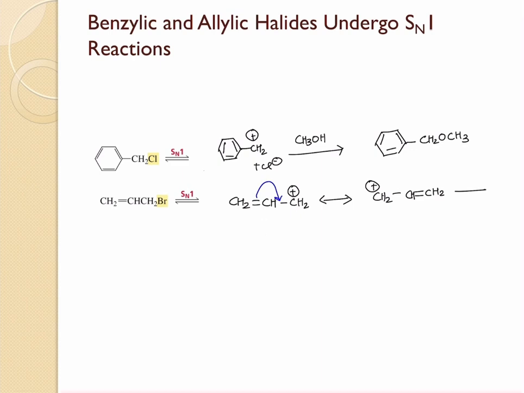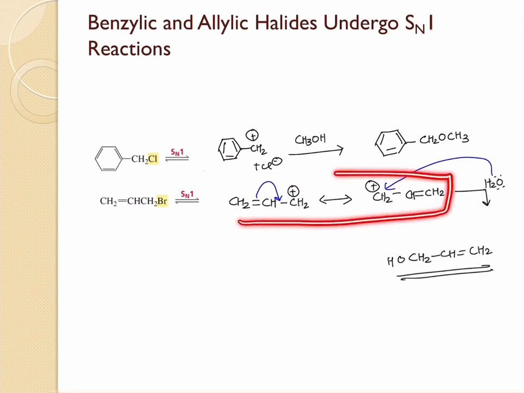Right? And in the next step, the nucleophile can go and attack this carbocation, forming the product. Here in this case, these two resonance contributors are mirror images, so it's going to lead to only one product.